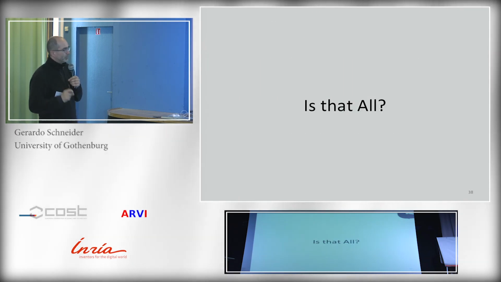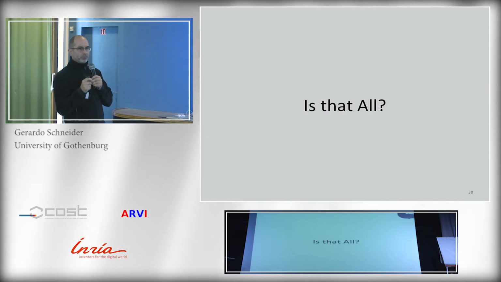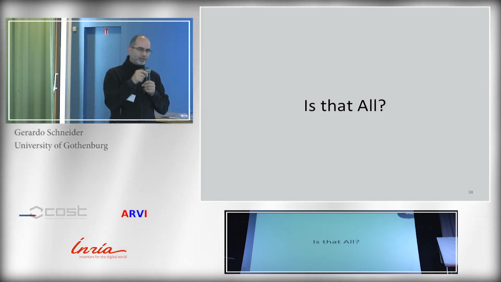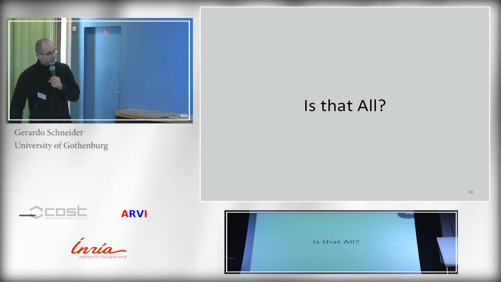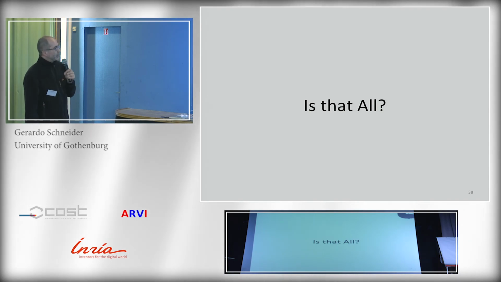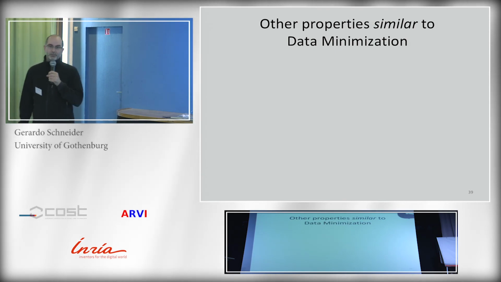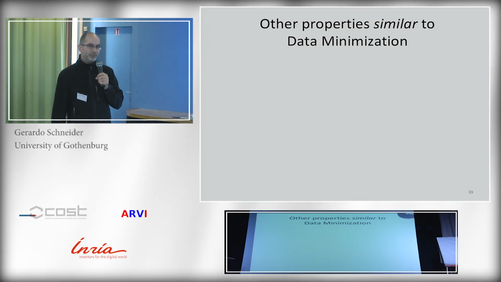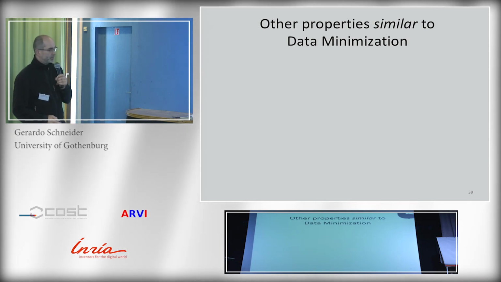So, we took data minimization. We have a very simple monitor for detecting the monolithic case, and a little more complicated but still manageable one for the distributed case. Is that very interesting or not? In fact, it turned out that there are many properties very similar to data minimization, so we can reuse a lot of what we have done for these other properties.